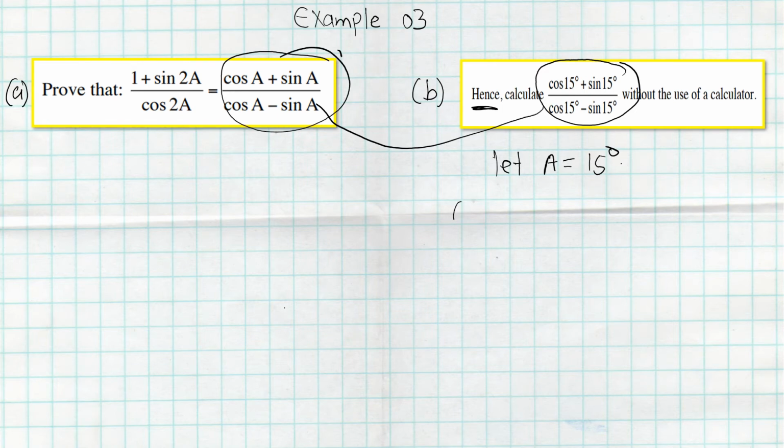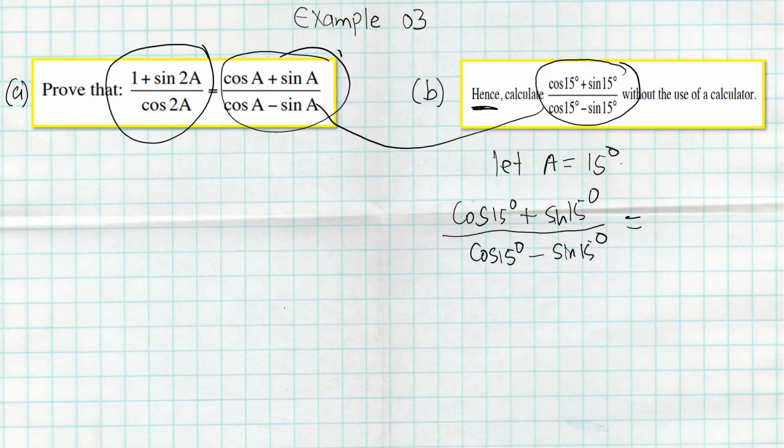And we know it means we can now conclude that cos 15 degrees plus sin 15 degrees divided by cos 15 degrees minus sin 15 degrees is the same as this side, because we have just proven it. Hence, they use the word hence. So it's the same as 1 plus sin 2A, where our A is 15 degrees, divided by cos 2 into what?